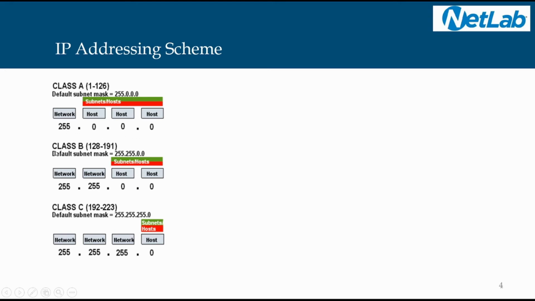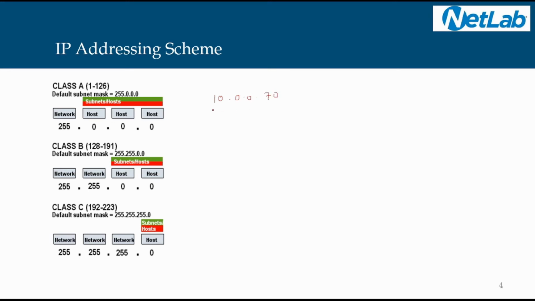In class B, the default subnet mask is 255.255.0.0. That means the first two octets are being used for the network portion. In class C, it is 255.255.255.0. The first 3 octets are reserved for the network. In class A, an example is 10.0.0.70.